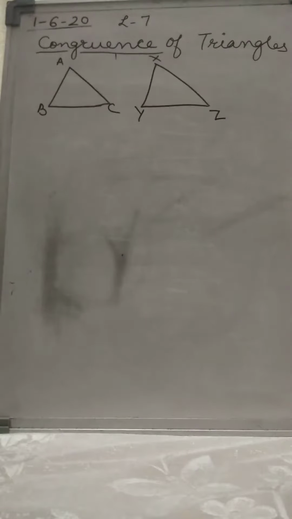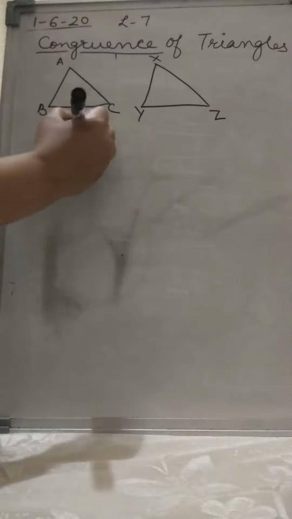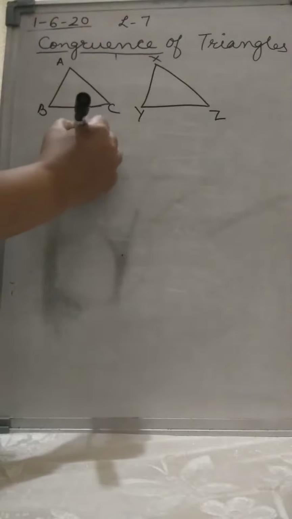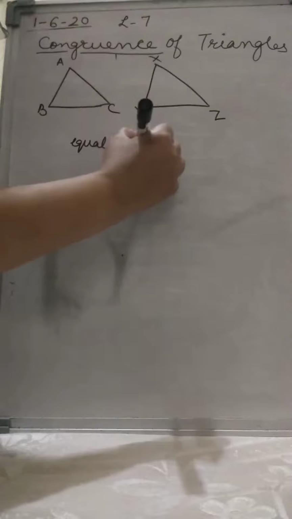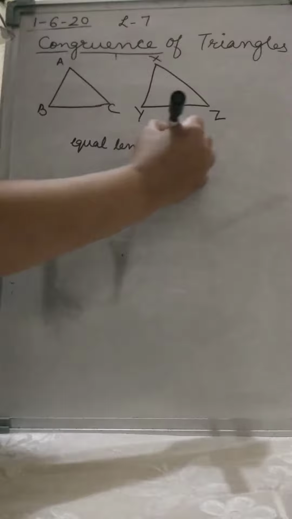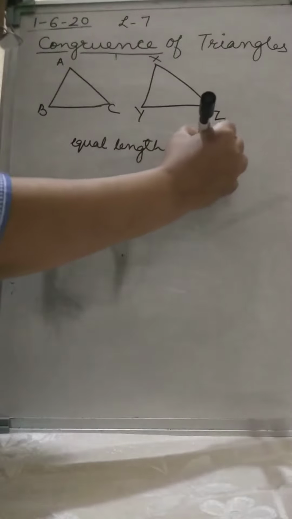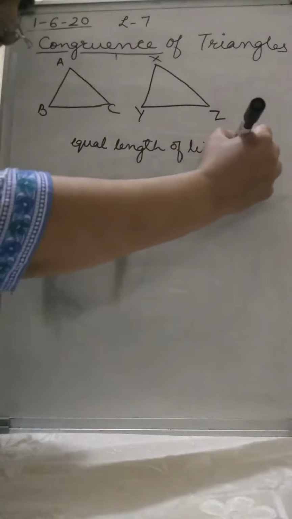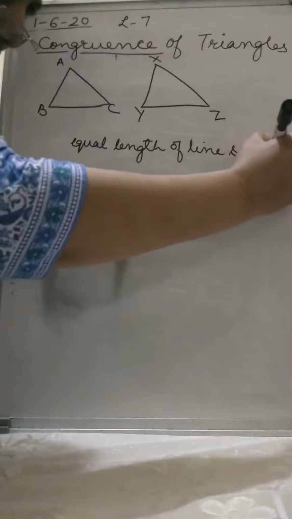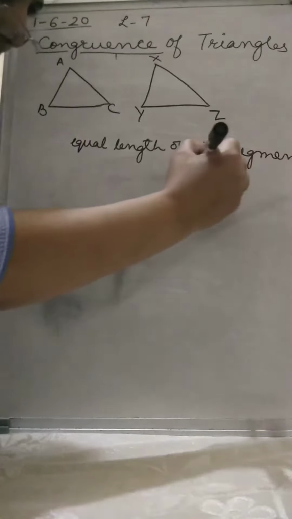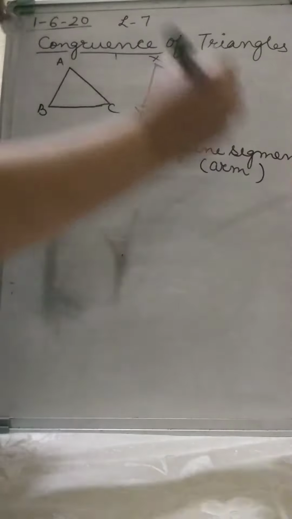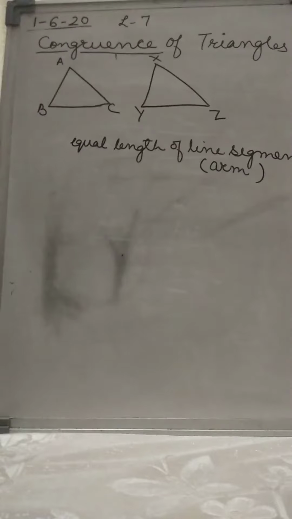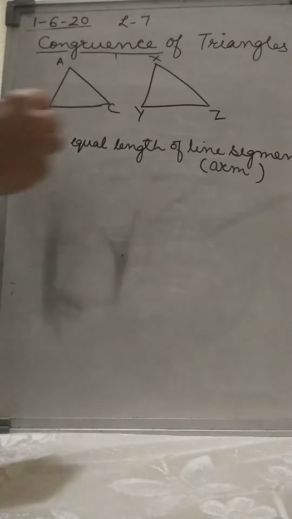For the triangles to be congruent, they should have equal length of each line segment, or arm. I'll write it here, that will be more convenient. The arms of the triangles should be of the same length.